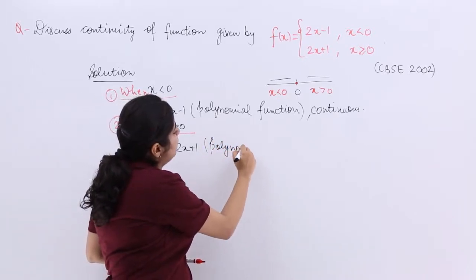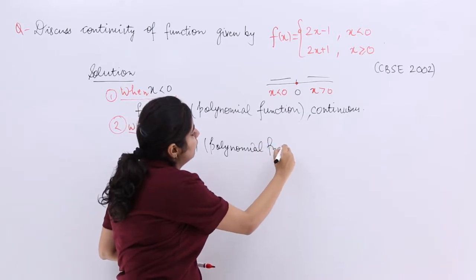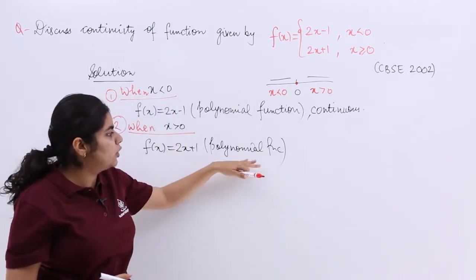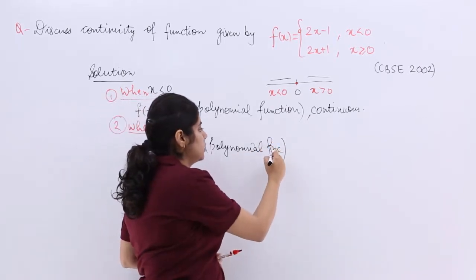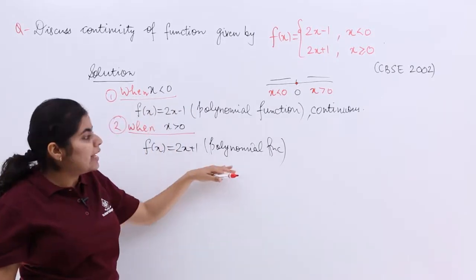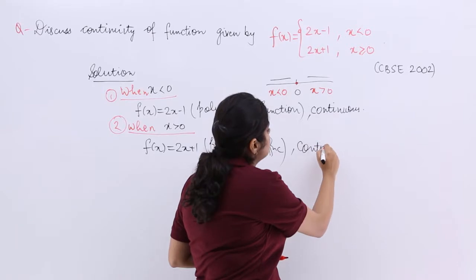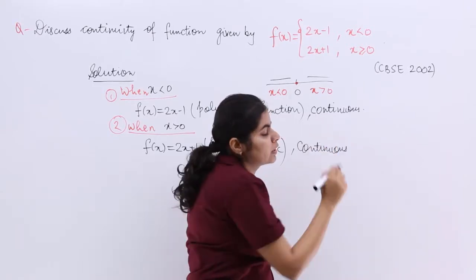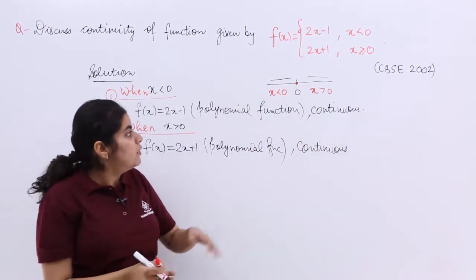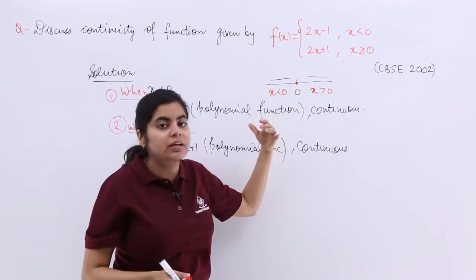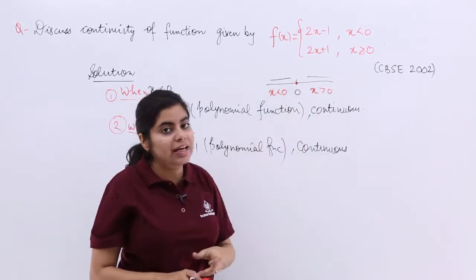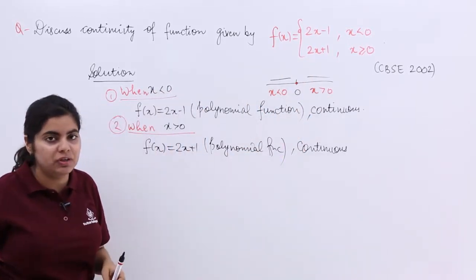It is again a polynomial function, I write in short polynomial fnc, fnc means function. Since it is again a polynomial function, it will also be always continuous. So when x is less than 0, we have a continuous function. When x is greater than 0, again we have a continuous function.